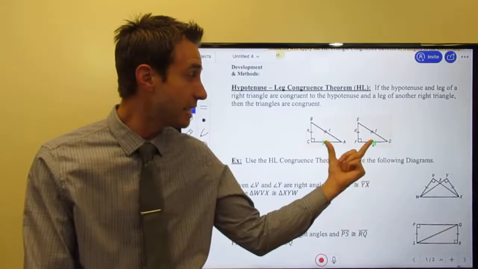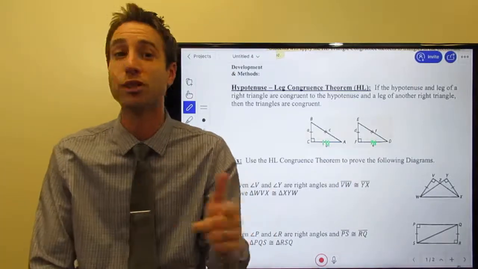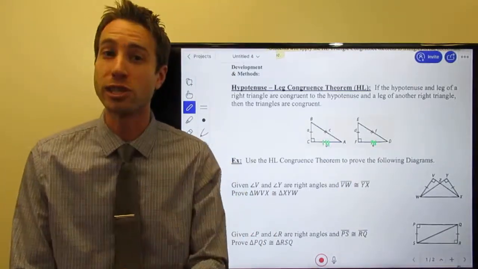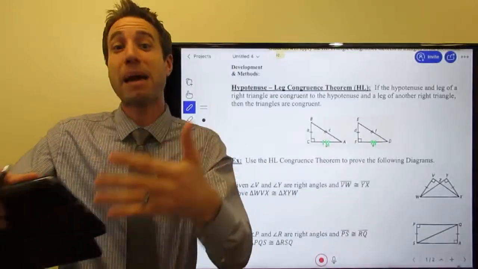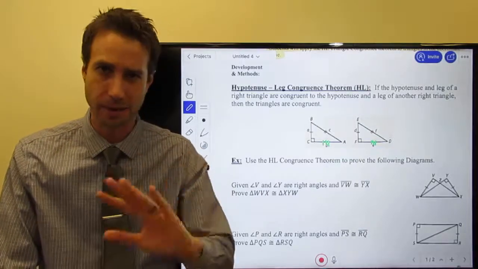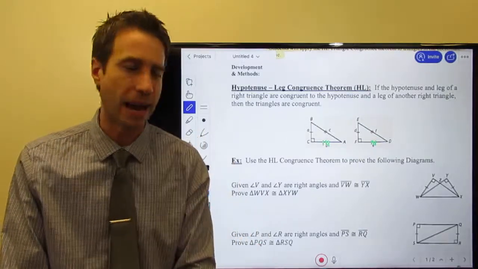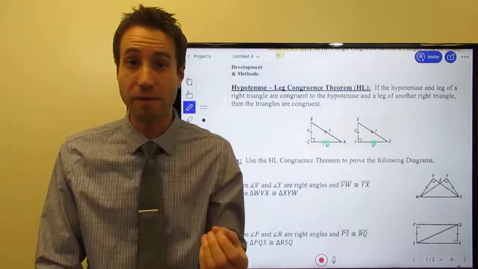If you could show that these 2 pairs of corresponding legs are congruent, it doesn't matter which pair of legs you show. You just need to be able to show that the hypotenuses are congruent and that a pair of corresponding legs are congruent. Just one pair. Doesn't matter which pair. I'm telling you that that's enough information.